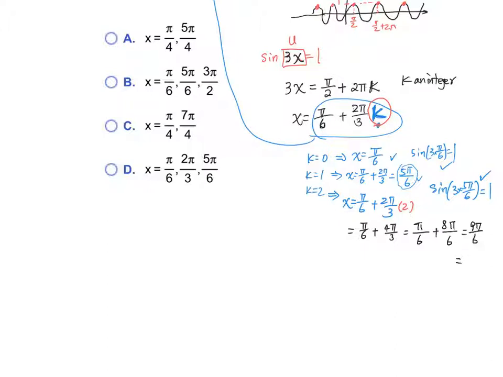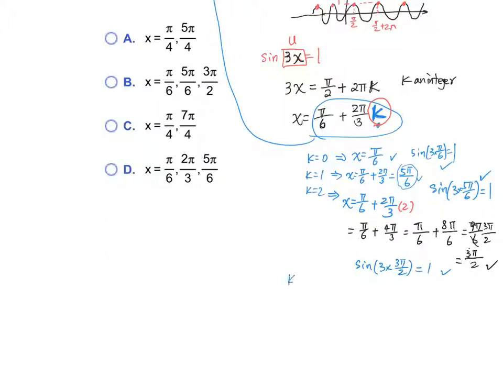When you cancel the 3, this is going to be 3 pi over 2, right? So 3 pi over 2. And you can check to make sure that sine of 3 times 3 pi over 2 is equal to 1.